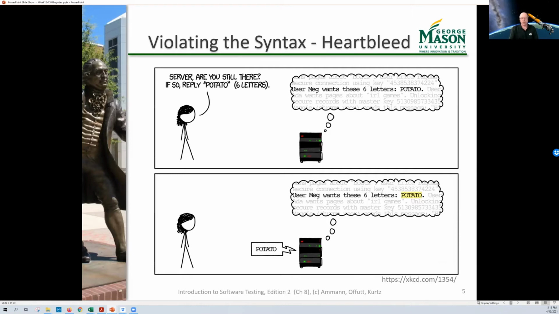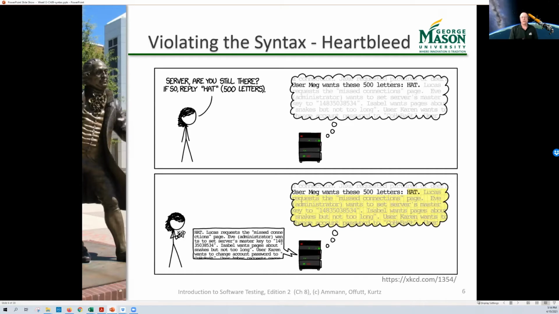And so, as in this upper example, you could send in and say, hey, here's a status query, reply with 6 characters of potato, and it would reply with potato. But the Heartbleed bug was that it didn't validate that number of characters. So you could ask it to reply with a string, but you could give it a number that was much, much bigger, and it would just read out memory and blat it back to you. And so whatever happened to be in memory, could be some interesting things, would just get echoed back to you.